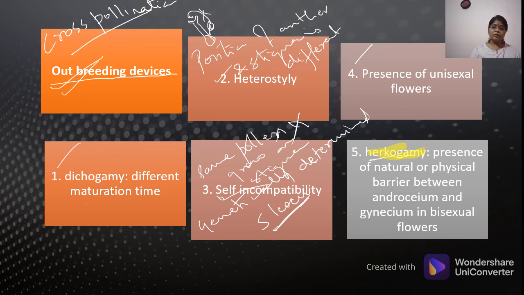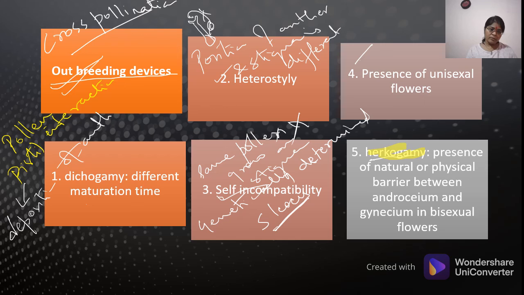Now there is another term given in your book, pollen-pistil interaction. Let's try to understand what it is. It is the period from the deposition of pollen on the stigma till reaching the egg and fertilizing the egg.